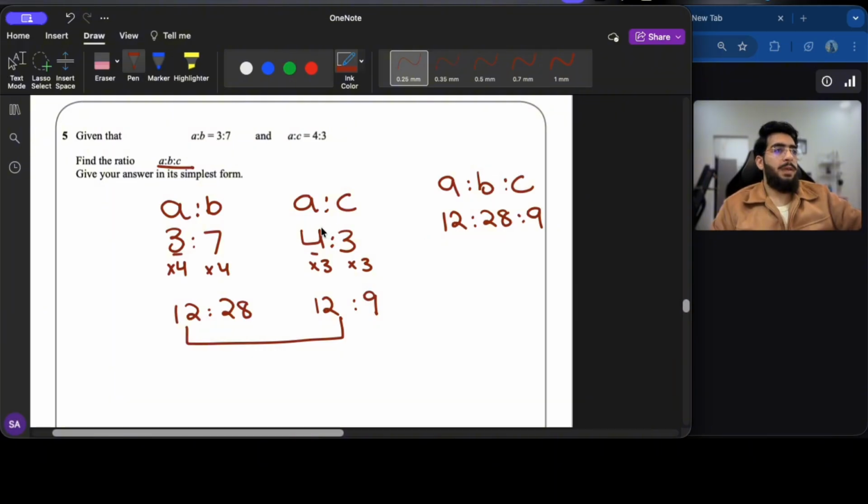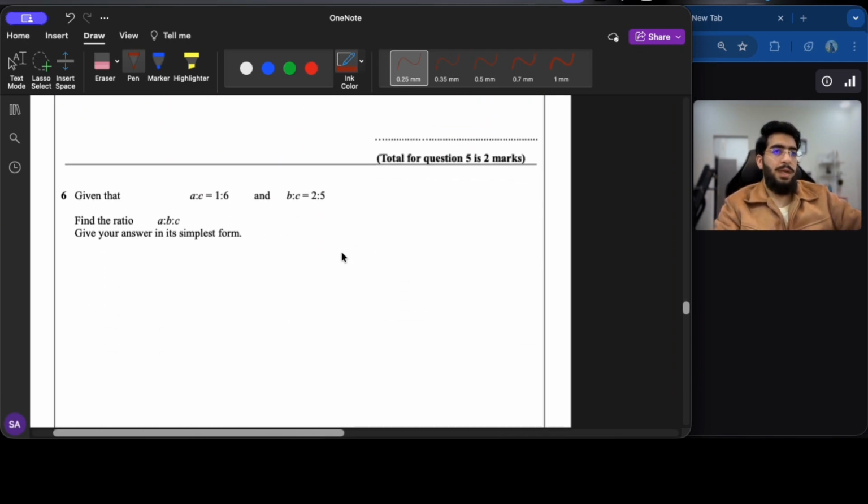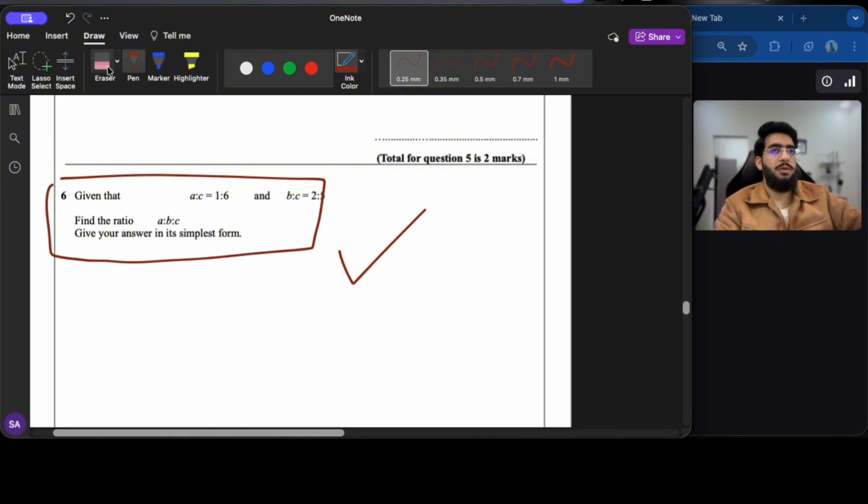Since we had to write our answer in the simplest form, can we simplify this a little? Well, we cannot simplify it, so that is the simplified version. And that's it. Again, this type of question, you can take a screenshot and try it as your homework.